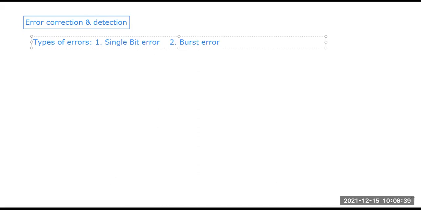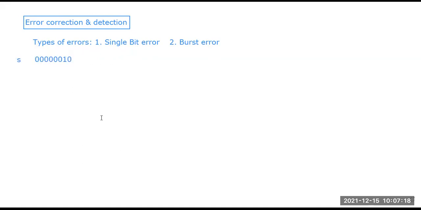Consider I want to send a data, and the message is 0 0 0 0 0 0 1 0. Consider this is the data the sender is trying to send, 1 2 3 4 5 6 7 and one more. This data is sent from the sender side.